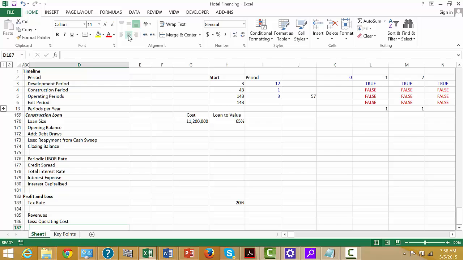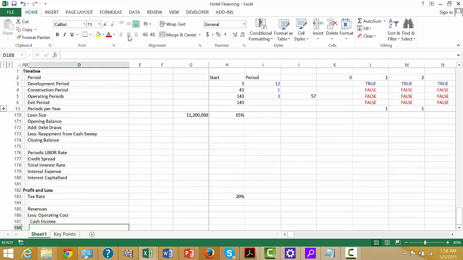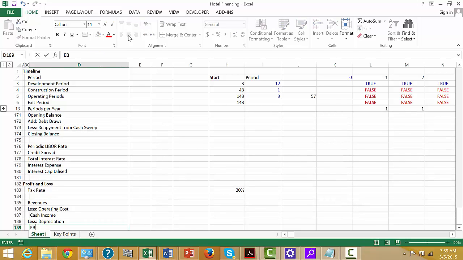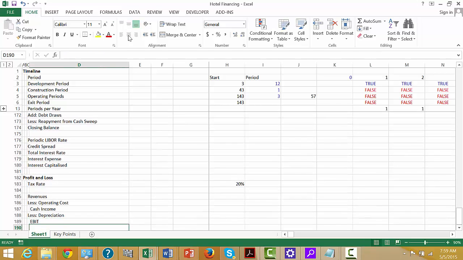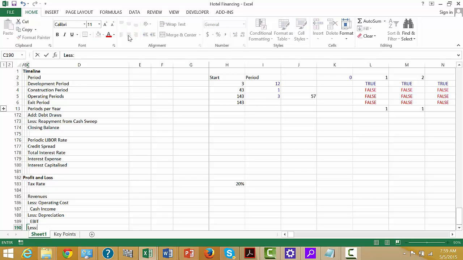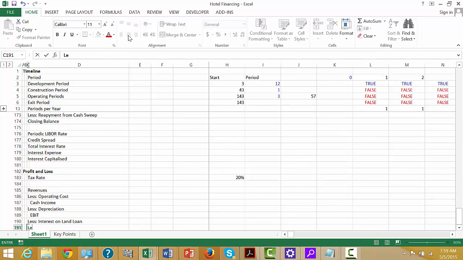and then we can put cash income. How's that? And then we can put less the depreciation, and we can call that EBIT, and then we can put less the interest on the land loan, less interest on the, not the land loan, the construction loan.